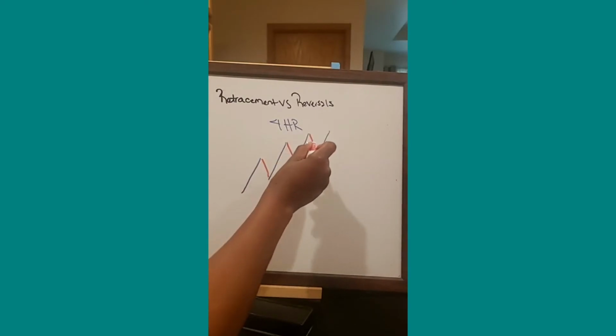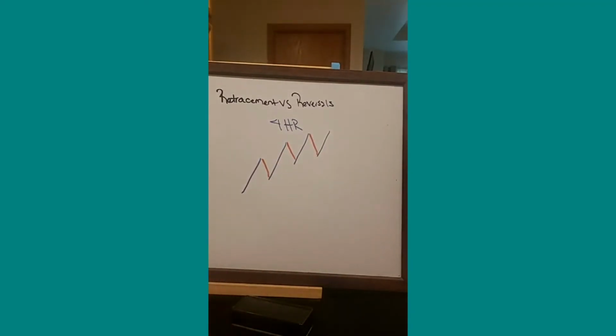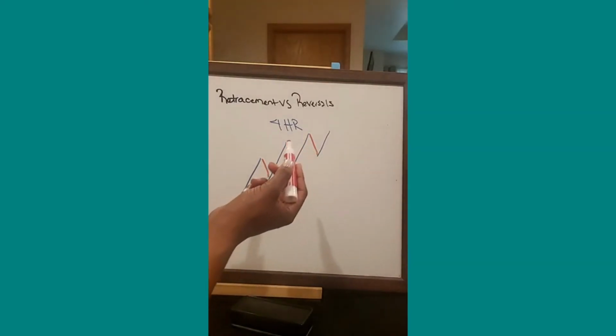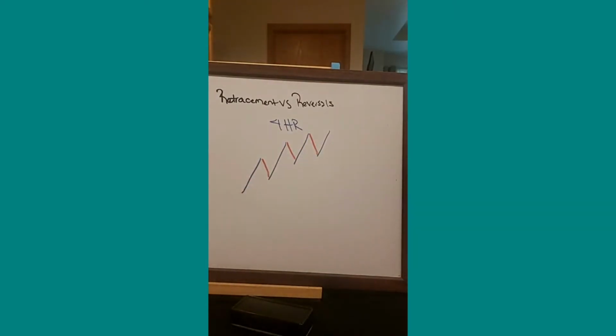I have to show you this way because you need to know which ones are your pullbacks. We are going up, making a series of higher highs and higher lows. So we know we're in an uptrend, right?